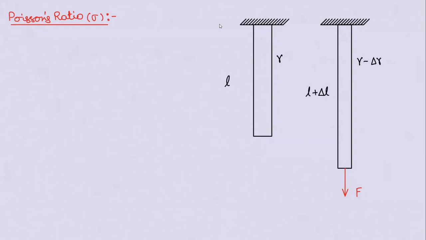So, longitudinal strain, we know this. Longitudinal strain is equal to change in length by original length. That's fine. But there is a strain in thickness or radius also. That is lateral.